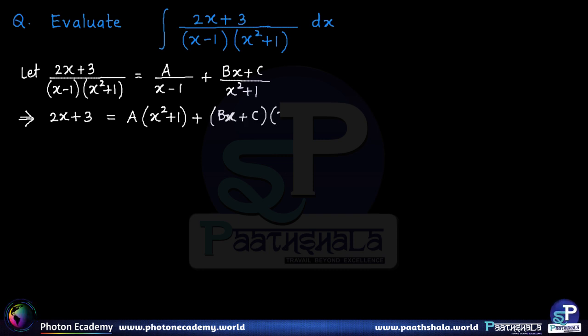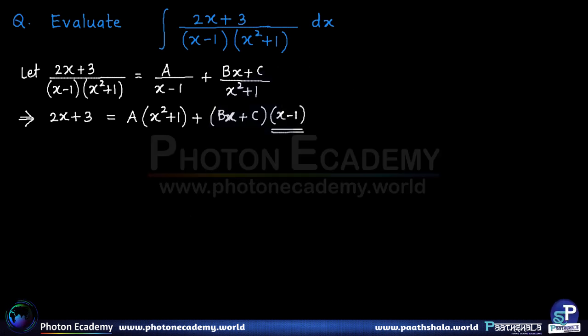Now we observe that if we put x as 1, then the entire second factor will vanish. So that will readily give us the value of A. So let's first put x equal to 1.